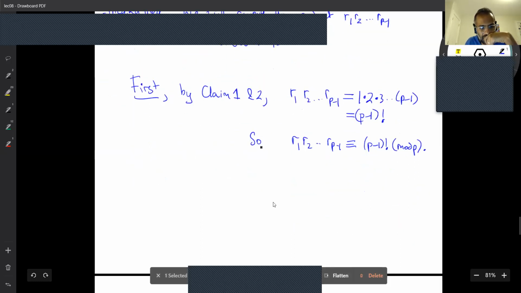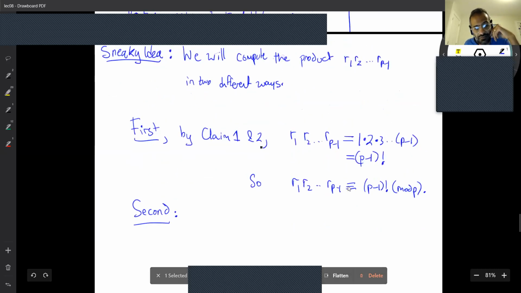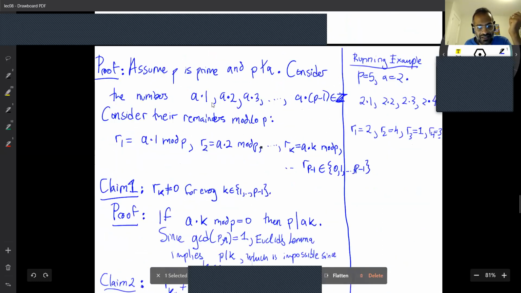Second, I'm going to do something a bit more basic. Where did I get these numbers? Well, I got them by taking a times 1, a times 2, a times 3, etc., and taking the remainders mod p. And the key principle of modular arithmetic is it doesn't matter if you take the remainders before doing the arithmetic or after.